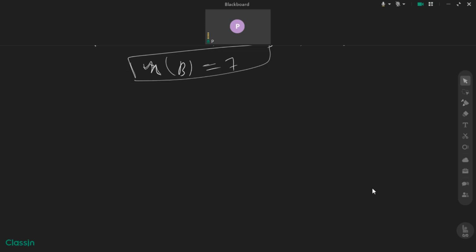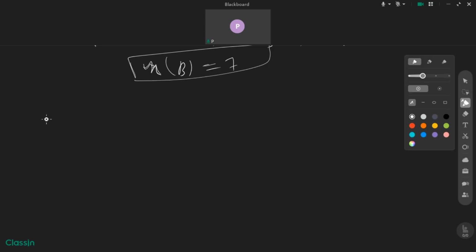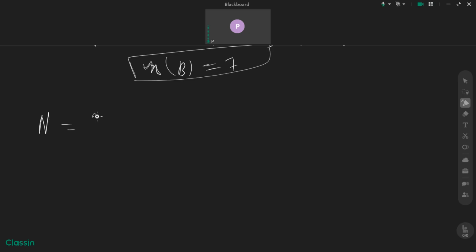For infinite sets, we have to remember one thing: we cannot represent all infinite sets by roster form. For example, if I take the infinite set of natural numbers, I can easily represent it with roster form. N is equal to {1, 2, 3, 4, and so on}.